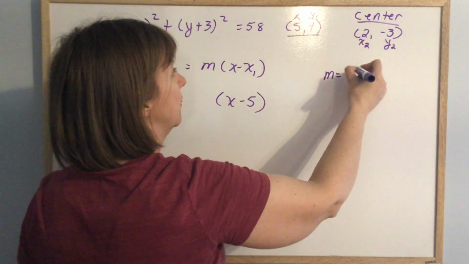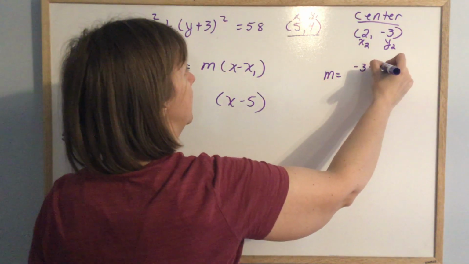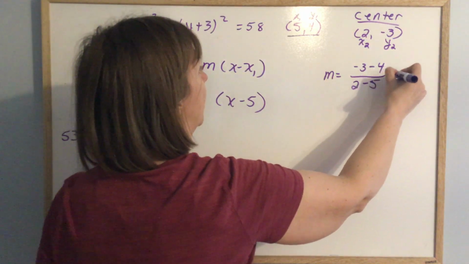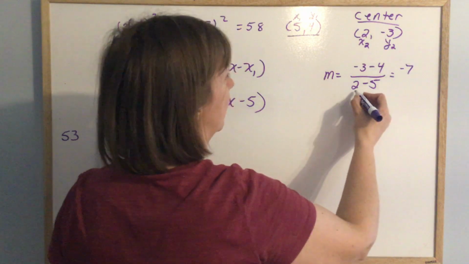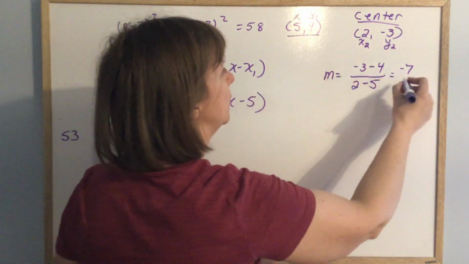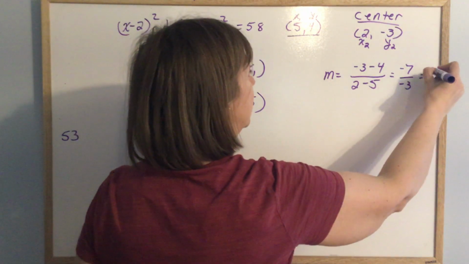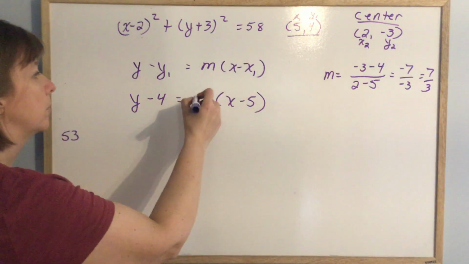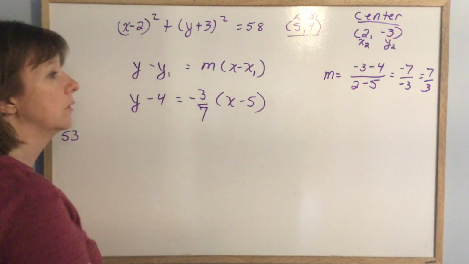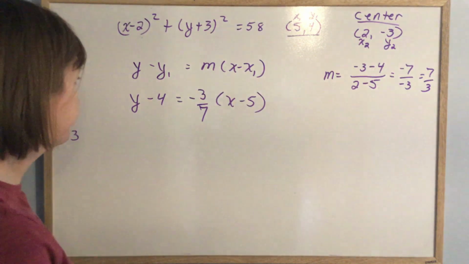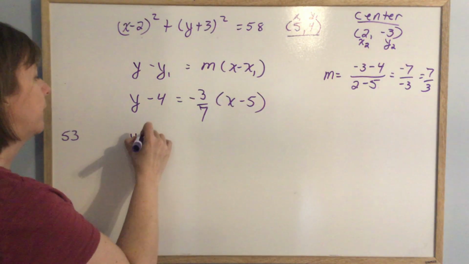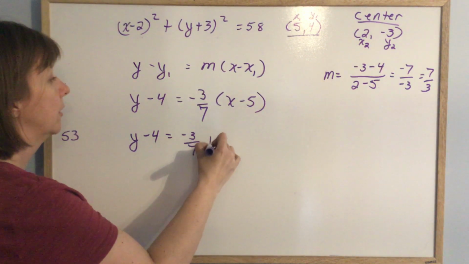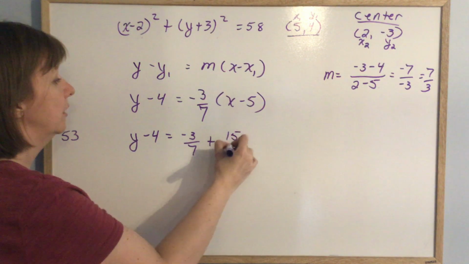So I'm going to use this as my x2 and my y2. So when I find my slope, negative 3 minus 4 over 2 minus 5. So that's negative 7. 2 take away 5 would be negative 3. So I end up with positive 7 over 3. So the reciprocal would be negative 3 over 7. So y minus 4 is equal to negative 3 over 7 x minus 5, which gives 15 over 7.